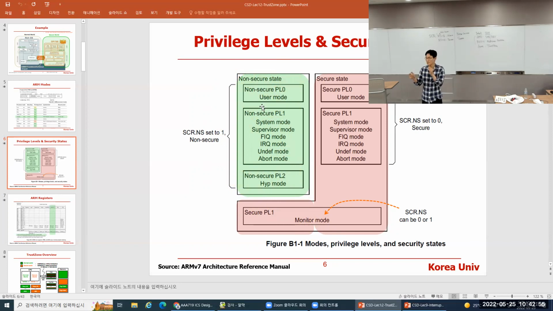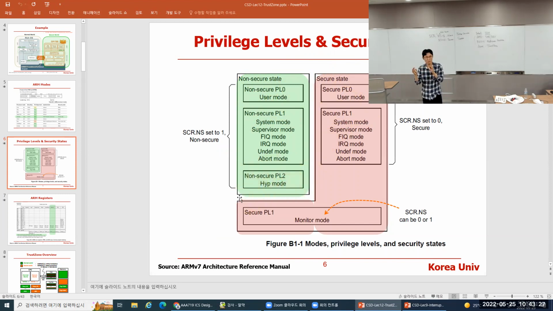That means what? Full software stack and virtualization support in normal world. So virtualization support, and operating system and application support, can be done in normal world. But if you switch to secure state, secure world, then you count again, except hypervisor mode.